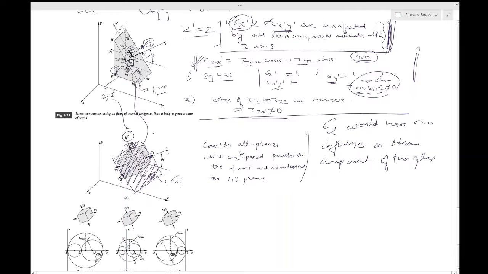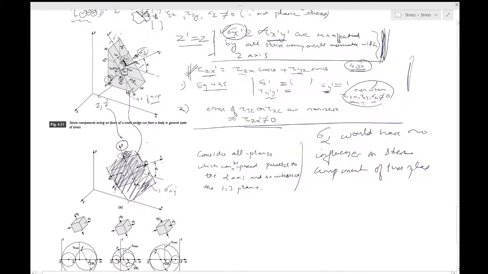The stress components on one of these planes would depend only on the normal stress components along the 1 axis.